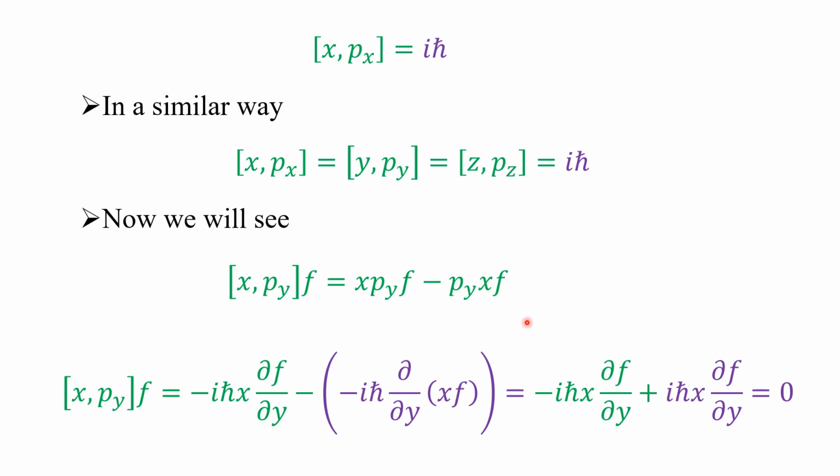If you differentiate x with respect to y, then naturally this will be 0. So the third term will be 0. You will get only these two terms. Here minus of minus will become plus. So if you compare the first and second term, this will become 0. So the commutation of x and the y component of momentum is equal to 0.